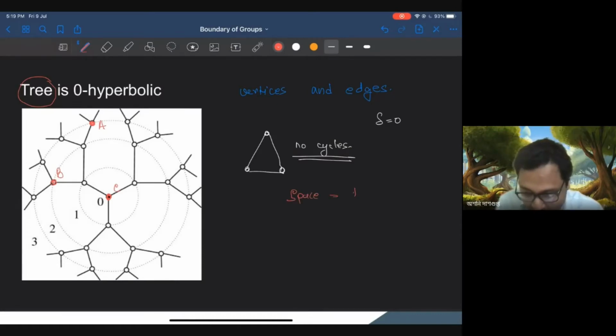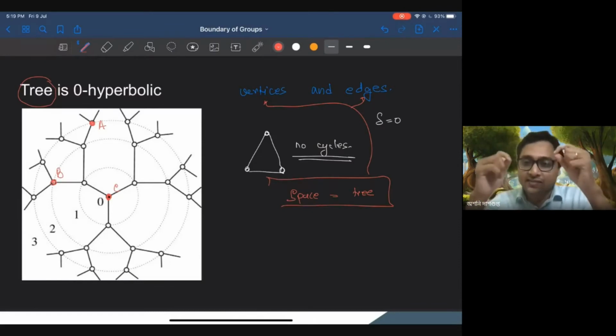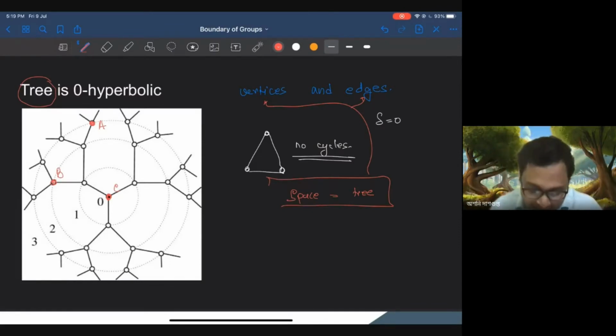Well, it is the tree, which contains all these vertices and edges. That's all my space is. So I have taken 3 points in my space, and now I will draw a triangle. Of course, these 3 points define a triangle. I will just mark the 3 sides of the triangle. So AB is one side. You can check this. AB is one side.